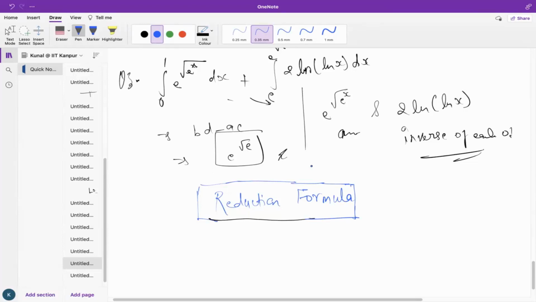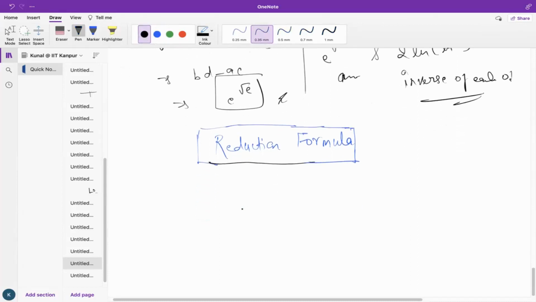So we are going to learn here the reduction formula of sine to the power n x and cos to the power n x, and then try to analyze its result, like what we get or how to use it in definite integrals.